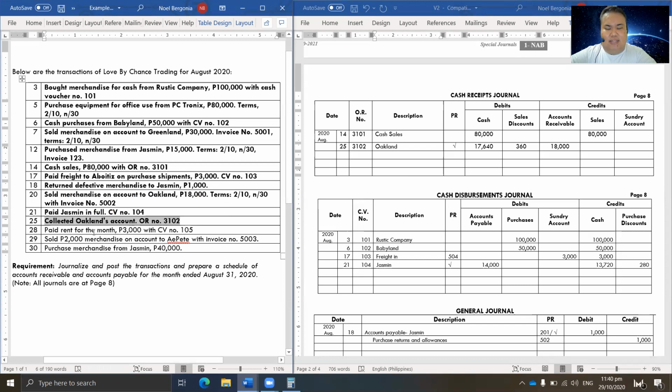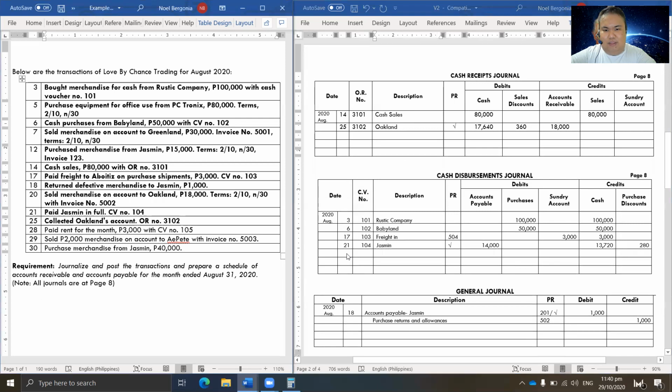Now next, paid rent for the month 3,000, cash voucher 105. So nagbayad tayo. Of course that's cash disbursements journal. So you have 28, cash voucher 105. Binayaran, renta, may nakita ka bang rent expense dito sa column?